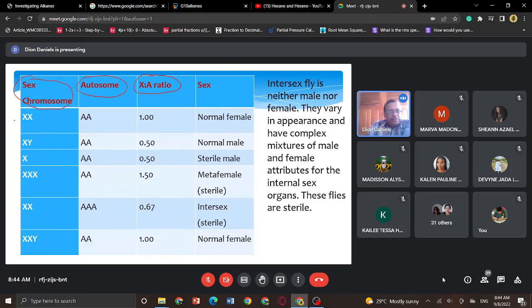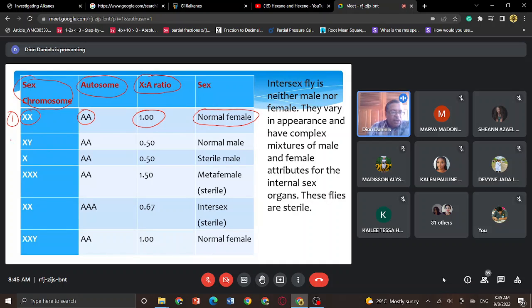This particular organism has 2 X chromosomes and 2 sets of autosomes. So remember the ratio X to A. 2X and 2A, 2 divided by 2 will give you a ratio of 1. All right? All fruit flies that have an X to A ratio of 1 are normal females.